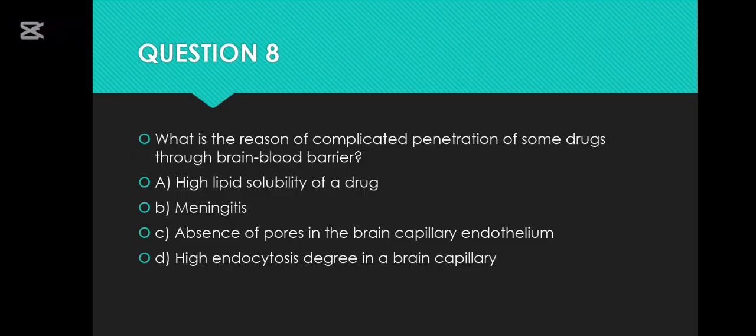But hydrophobic substances, which are lipid-soluble substances, can easily diffuse using passive diffusion. We are together. So what is the reason for complicated penetration of some drugs through the blood-brain barrier? A, high lipid solubility of a drug. No, actually this is the best version of how a drug can move across the blood-brain barrier.